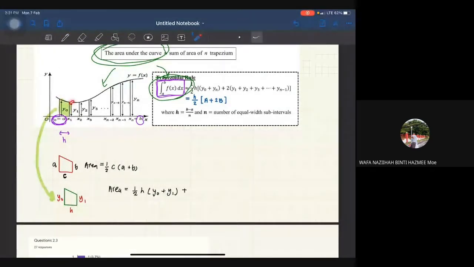What about the second trapezium? Can anyone tell me the formula for the area? Second trapezium. Siapa nak try? Sebut nama lah.